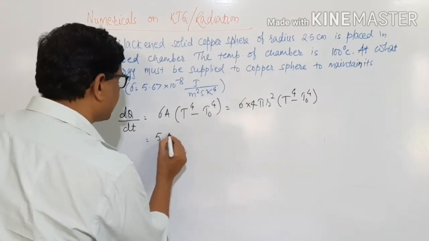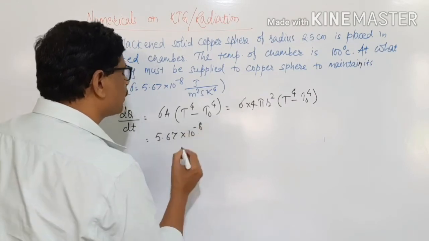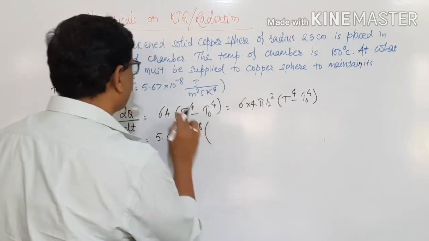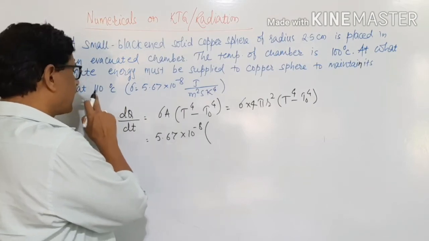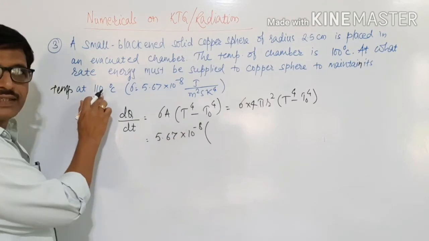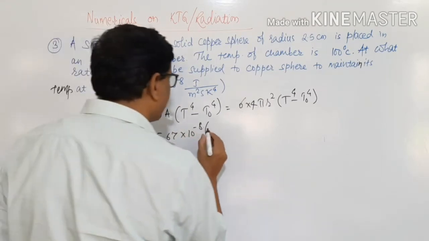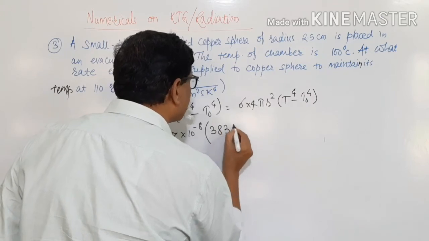Sigma, as I have said, is Stefan's constant. It is 5.67 into 10 to the power of minus 8. The temperature of the body is to be maintained at 110 degrees centigrade, 110 plus 273, it should be equal to 383.